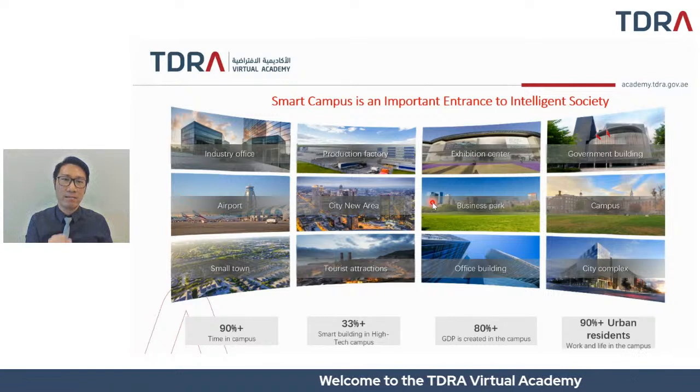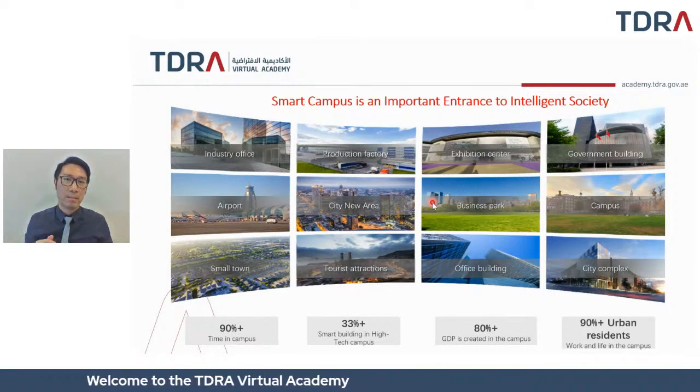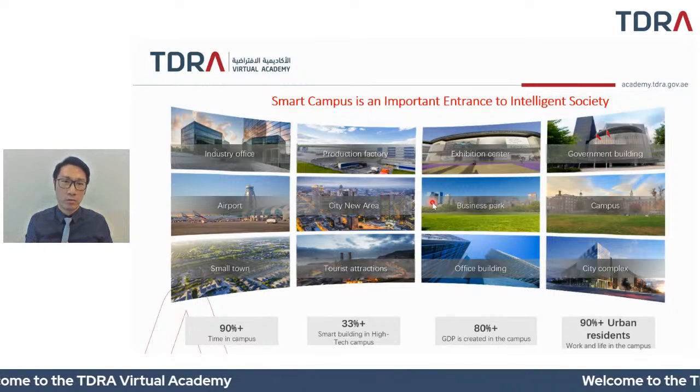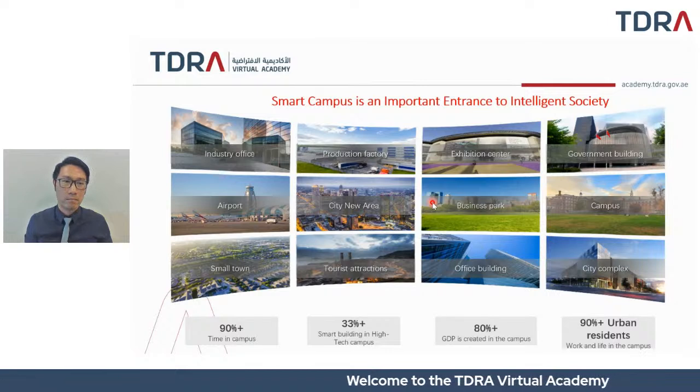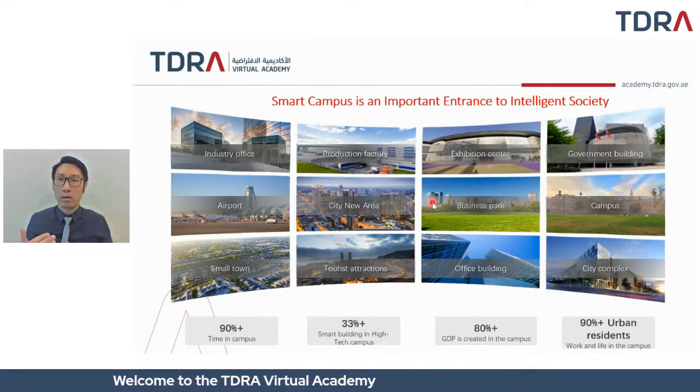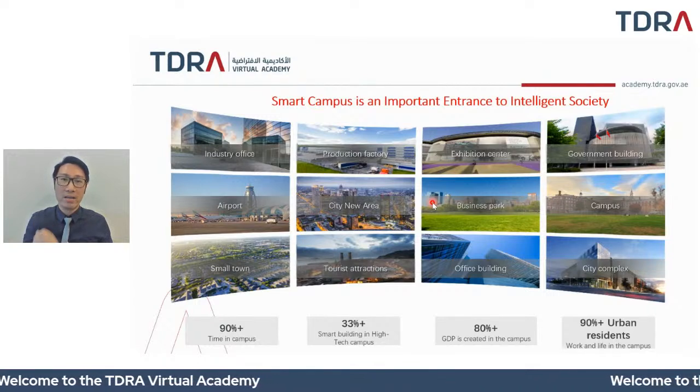And we will design some application scenario where we can implement some new ICT technology, for example, 5G, AI, big data, to let you enjoy a better service when you are inside this campus.